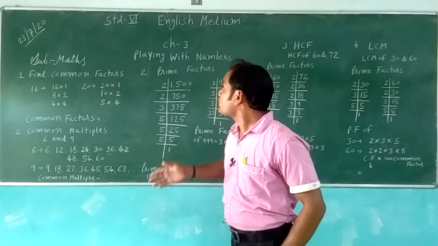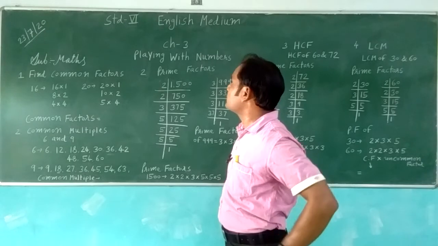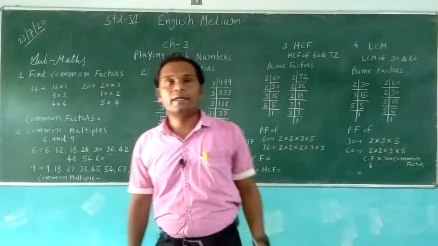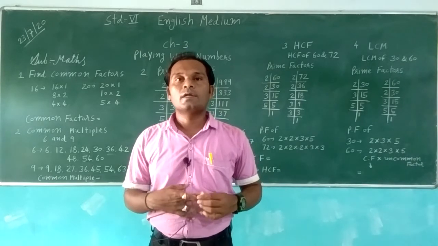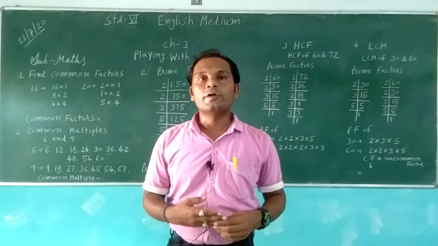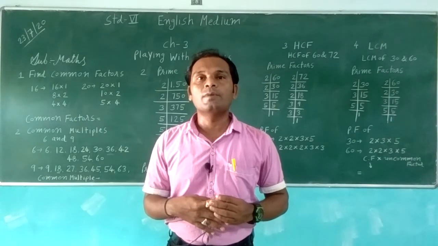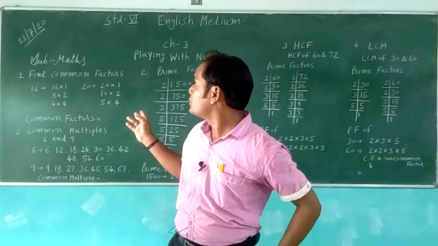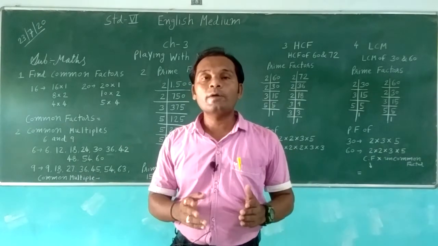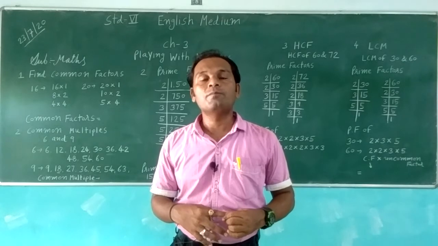In this period, we'll do chapter number 3, playing with numbers, and we'll find how to get common factors. In our last period, I taught you to get factors and multiples of a number, and now in this period I am going to teach you about common factors and common multiples of given numbers.